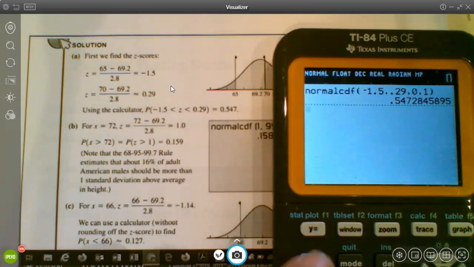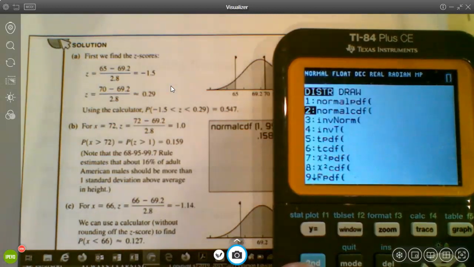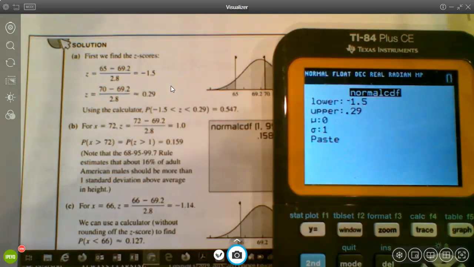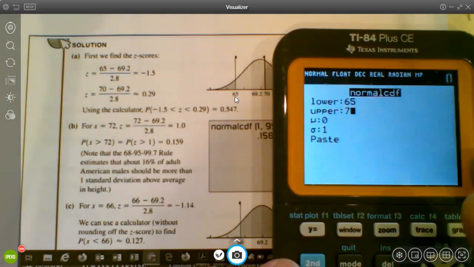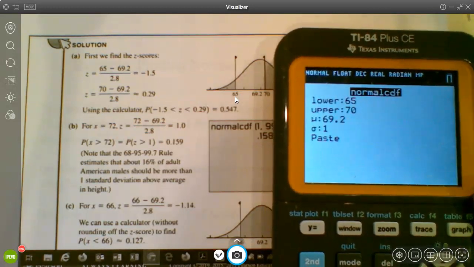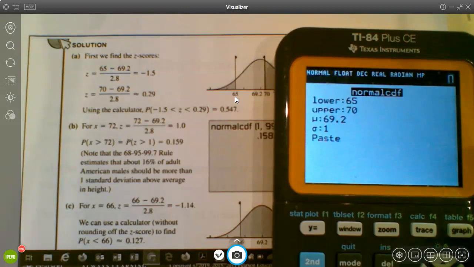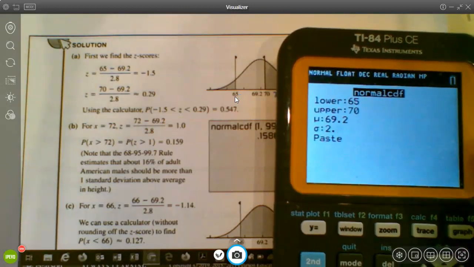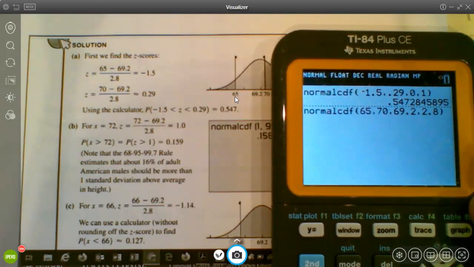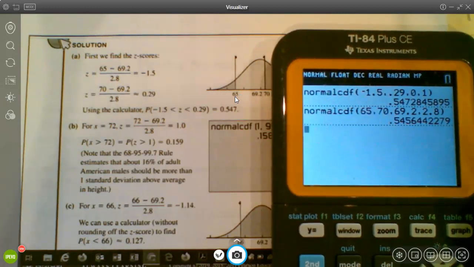The simpler way is if I go back under distribution, normal CDF, let's put in the real numbers, right? My lower bound was 65. My upper bound was 70. My mean was 69.2. And my standard deviation was 2.8. So I can just put in those numbers directly. And I still get the same answer, right?